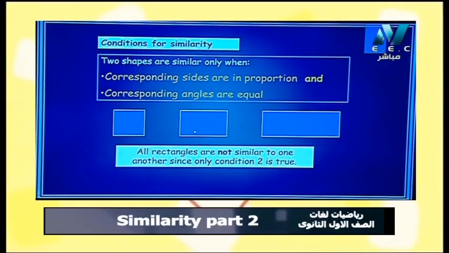Rectangles are not considered regular polygons because they have equal measures in angles, all angles are right angles, but they do not have equal sides. So rectangles are not all similar to one another, since only condition 2 is true. It's necessary, but it's not enough. All angles are equal in measure because they are right, but we also have to satisfy that corresponding sides are proportional.